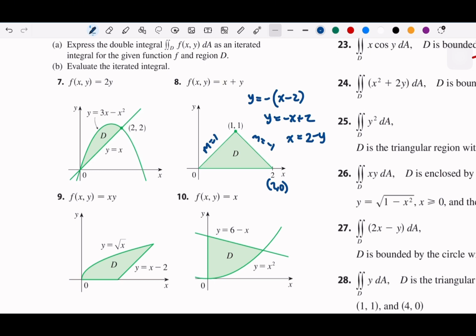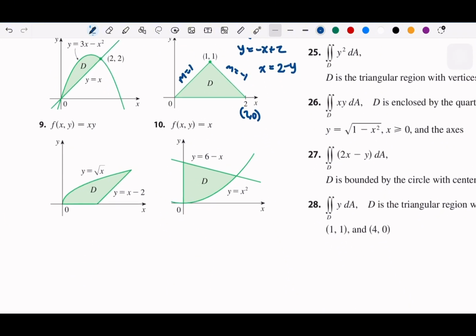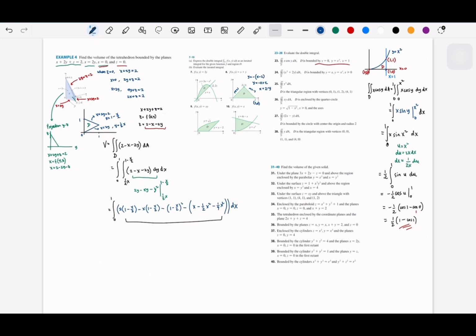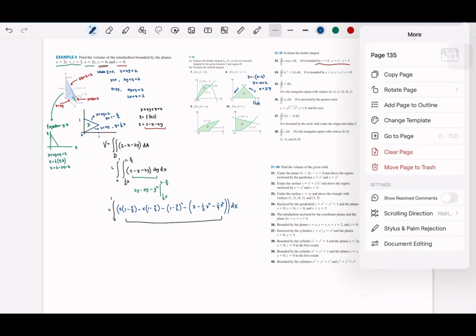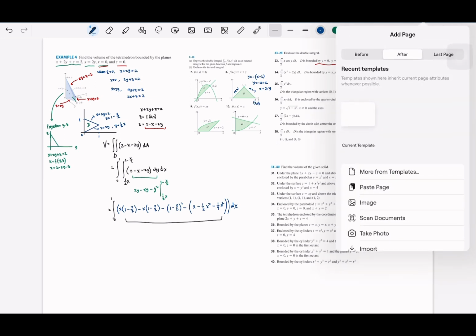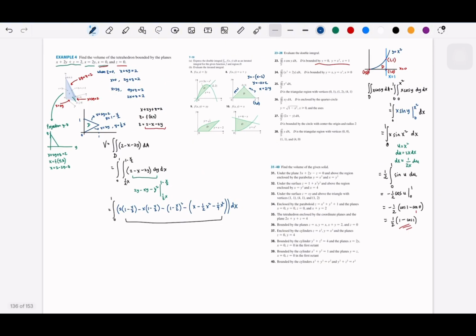So let me write in terms of dy dx, or maybe dx dy first. Let me copy number 8 and erase this stuff here.